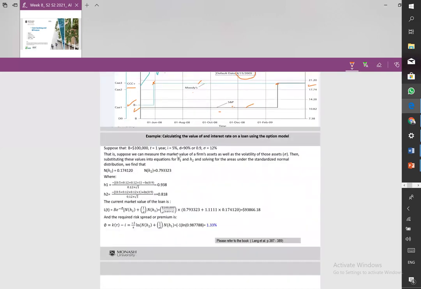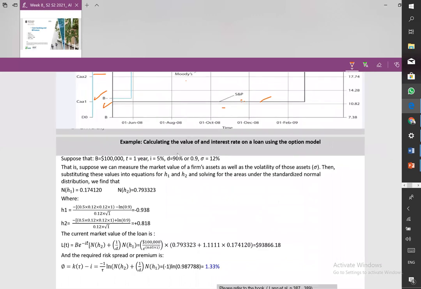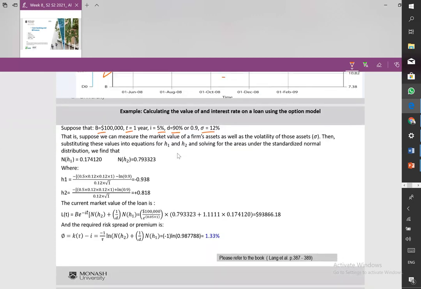This is the example. To tell you, the example will be like this. I will give you the T, I will give you the loan, I will give you the I, and the leverage, and the standard deviation. All you have to calculate, here we only calculated the premium, which is actually 1.33%.